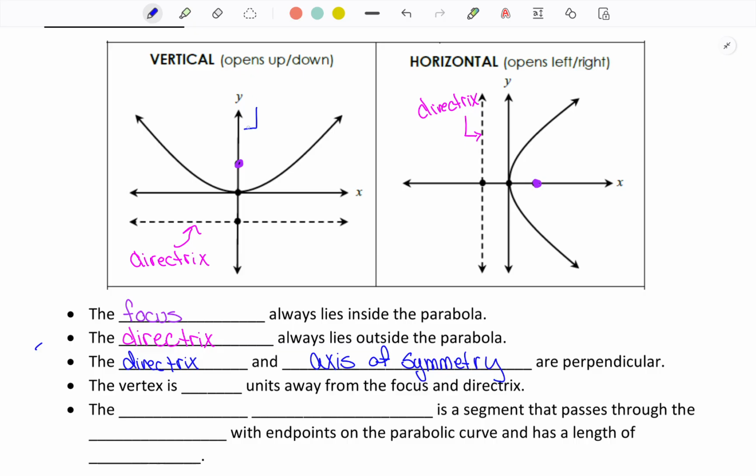And so the axis of symmetry, that should be familiar from Algebra 2. But it is that line that looks like it is cutting the parabola in half.